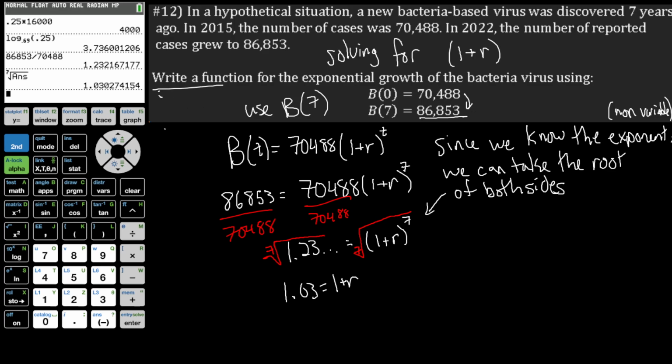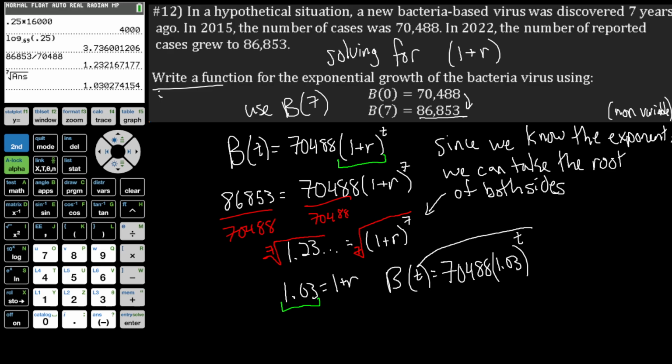So let me highlight what I need. Instead of this part, we now have 1.03. So I'm going to write my final equation on the side here. I have b of t, meaning our function b in terms of t is equal to our starting amount times 1.03 to the power of t.